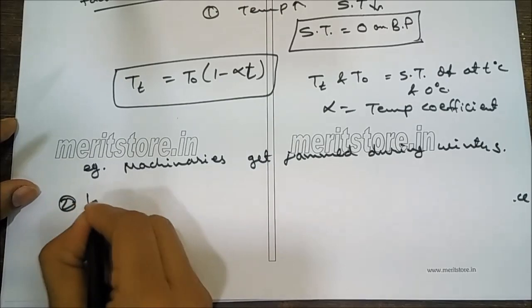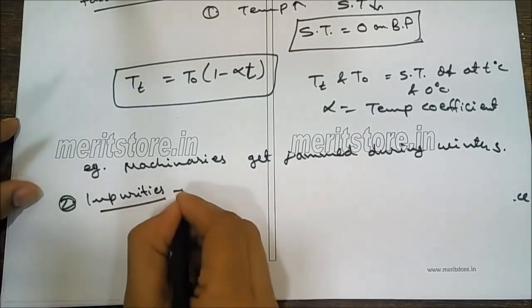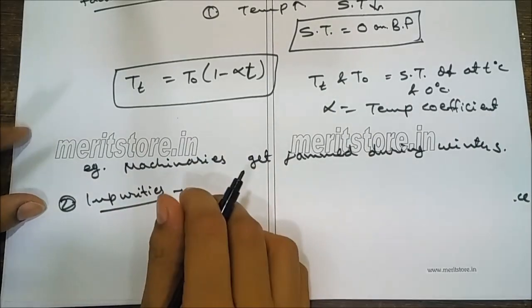Second factor is impurities. Impurities affect the surface tension.